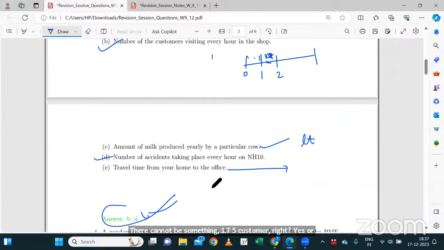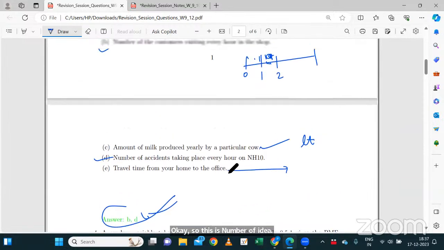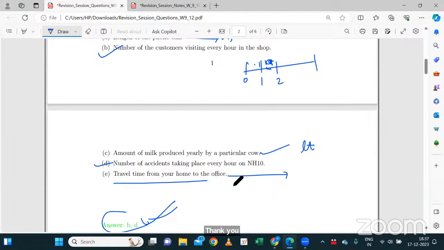Okay, so this is clear. Some rough idea. Yes, sir, explain option C, option E. Suppose I'm saying travel time from your home to school. Can you count travel time? No, sir.